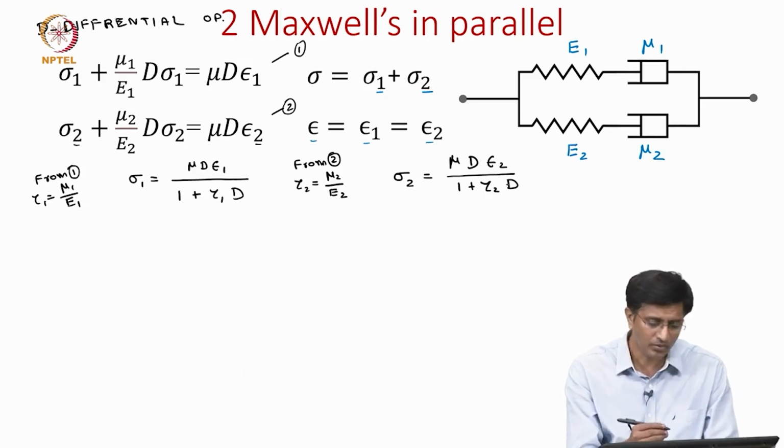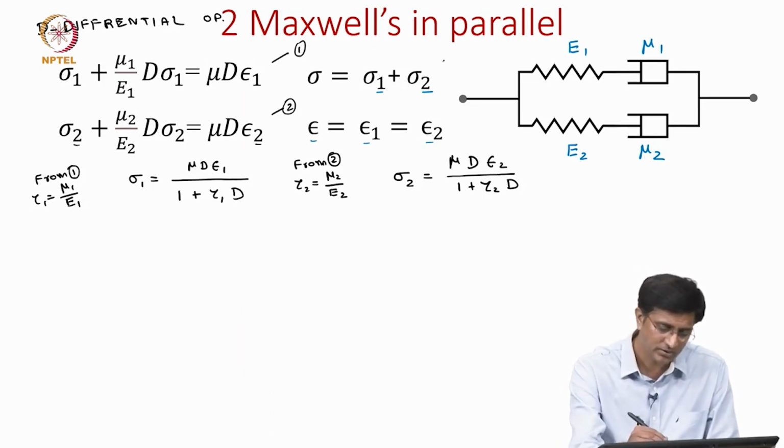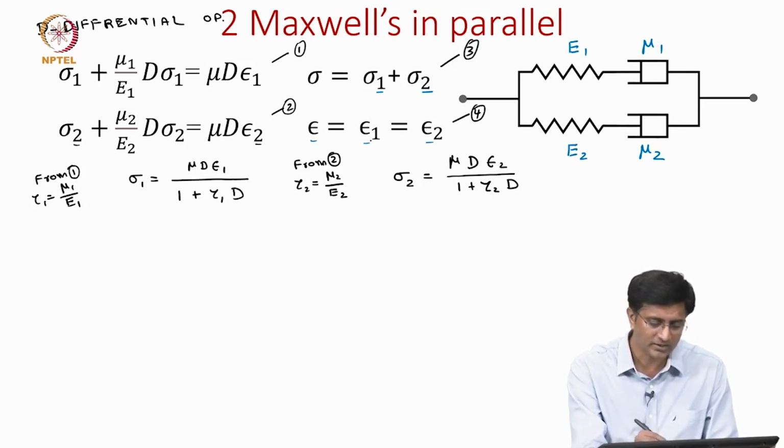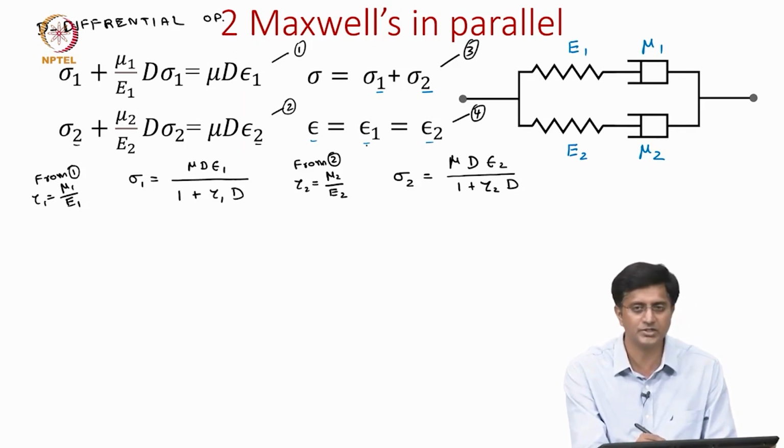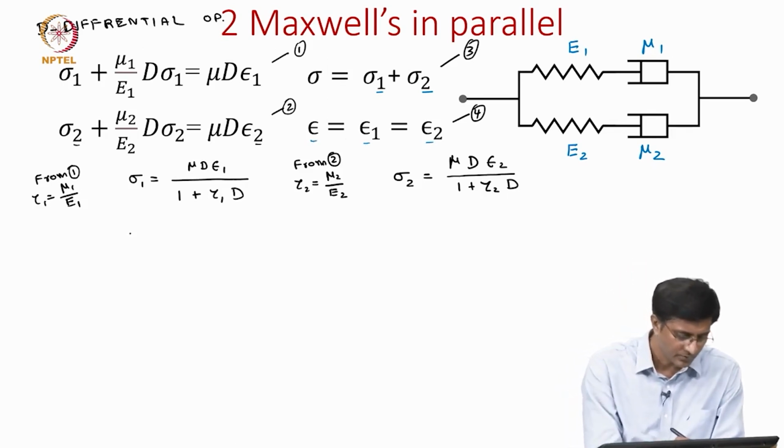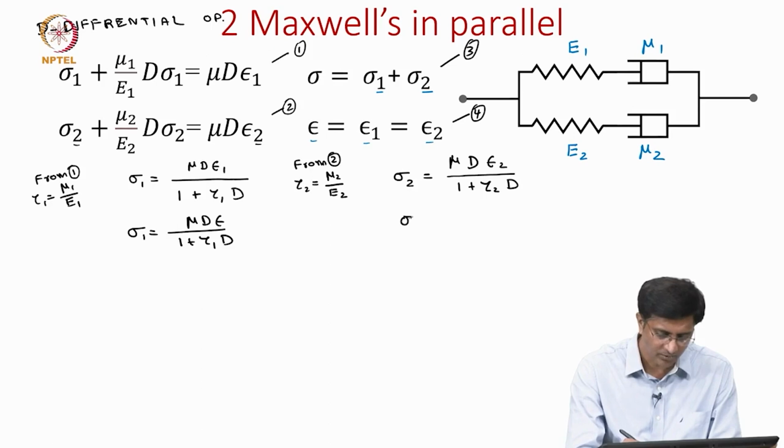Let us number these equations as 3 and 4. Looking at the kinematic equation, we can replace the strain in the Maxwell elements with the overall strain epsilon. Which means sigma 1 can now be written as mu d epsilon by 1 plus tau 1 d, and sigma 2 can be written as mu d epsilon by 1 plus tau 2 d.